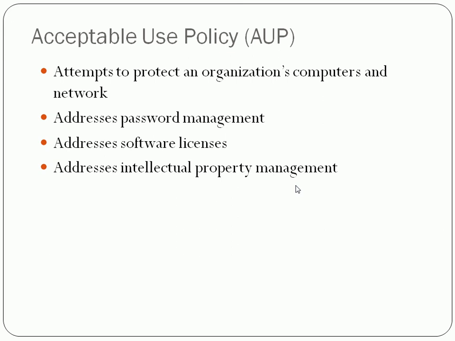For example, when most of us work somewhere, they tell us that anything we create while we're at work belongs to the company. Obviously things we create at home don't belong to the company unless we use the company's resources or other intellectual property to develop that type of stuff.